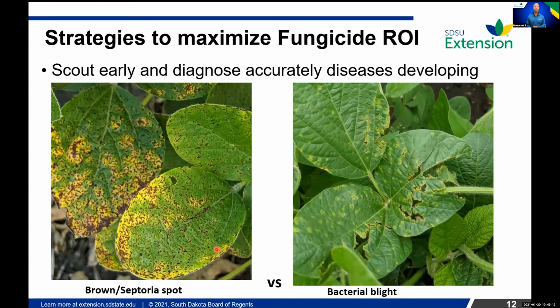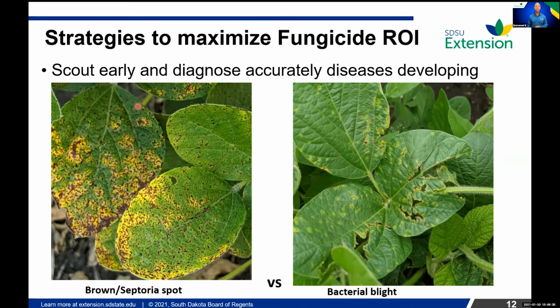So at this point, I can't emphasize enough the importance of accurate disease diagnosis. Sometimes there are other things out there, could be a bacterial disease. And if you apply a fungicide when you don't need it, not only are you losing that money, but as we saw, this could lead to problems in the future, like fungicide resistance.